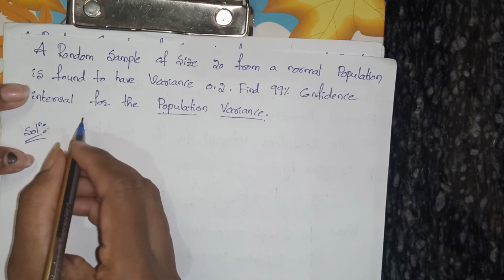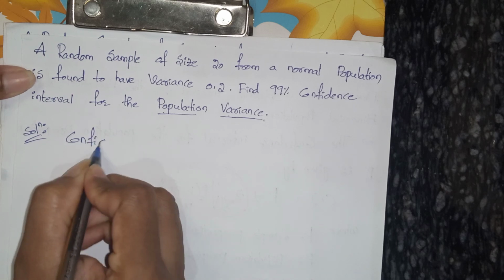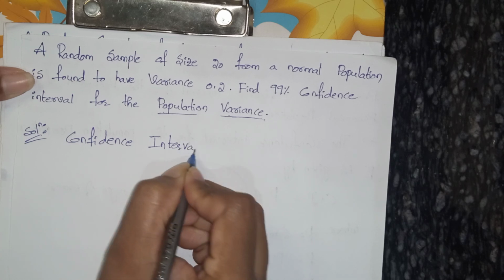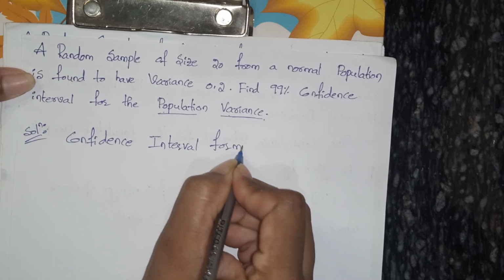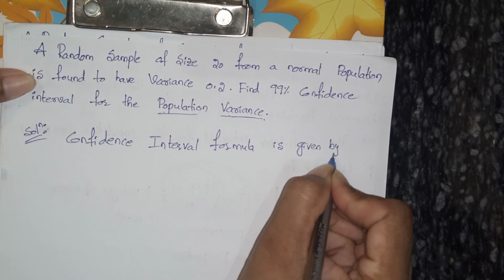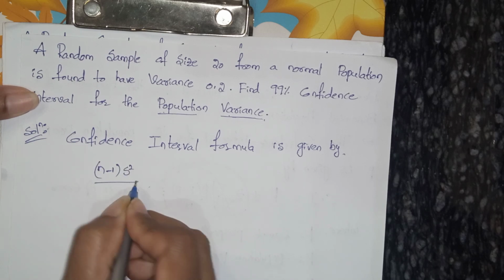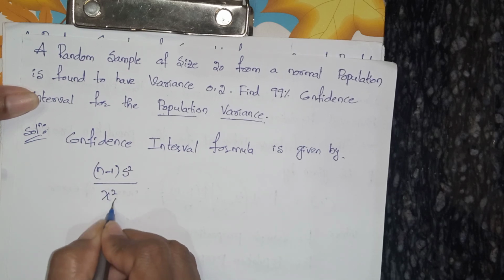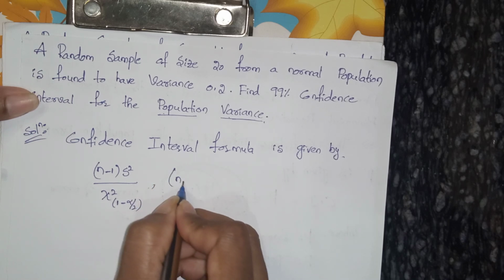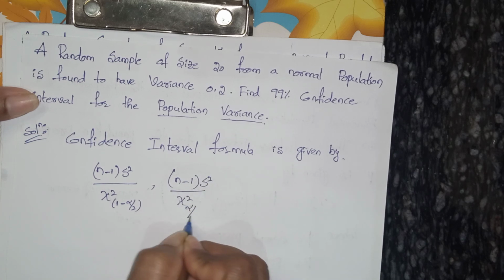First we will write the formula. The confidence interval formula is given by n minus 1 into s square by chi square 1 minus alpha by 2, comma n minus 1 into s square by chi square alpha by 2.